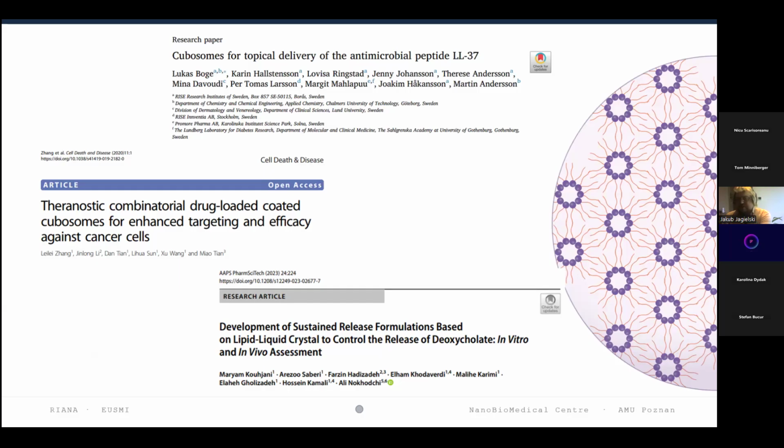Across all of these examples, a common principle emerges. The internal nanostructure directly determines the functional performance of the carrier, which is precisely why rigorous structural characterization is indispensable.